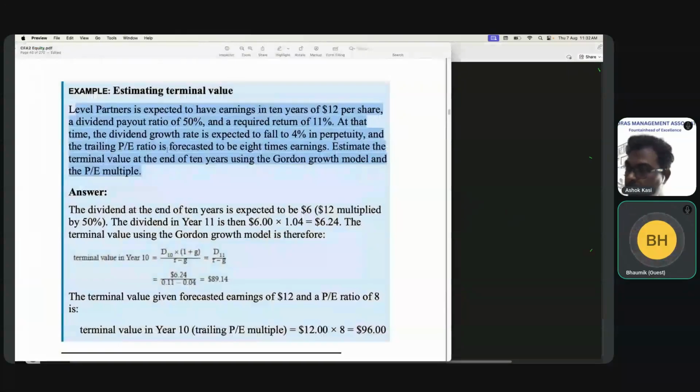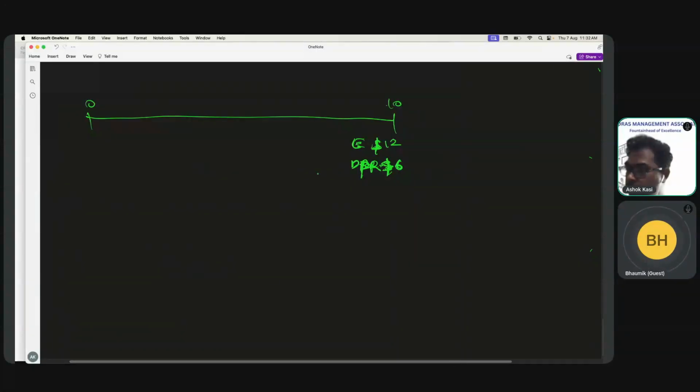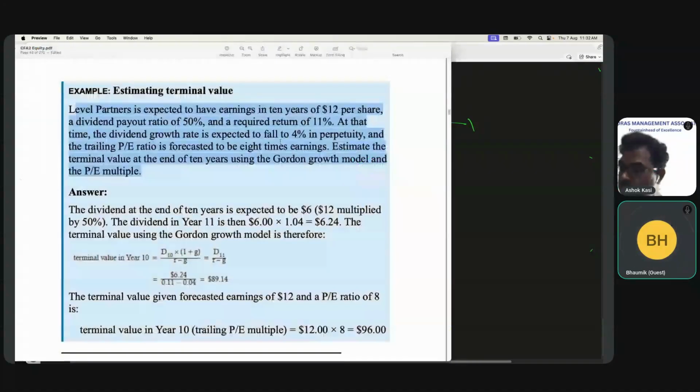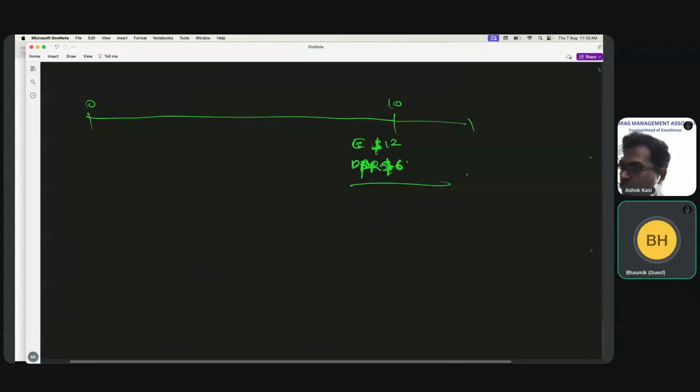At that time, the dividend growth is expected to fall to 4% in perpetuity. And the trailing PE ratio is forecasted to be 8 times.